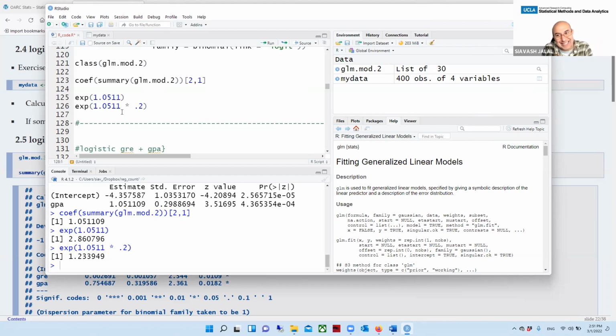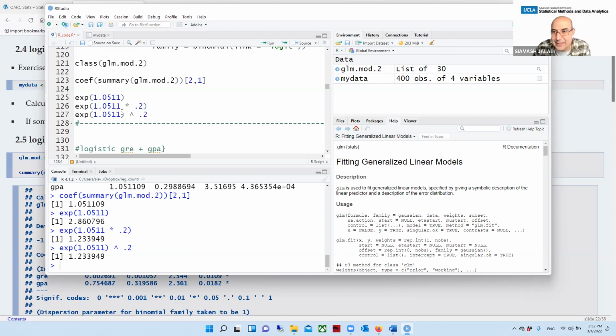The odds increase. We cannot make any inference here about the probability unless we want to calculate the predicted probability for a particular person. So we cannot say their probability of getting accepted increases by 20. That's wrong. Or we could use the way I did it before, which was exponentiate of this to the power 2, which gives exactly the same result.